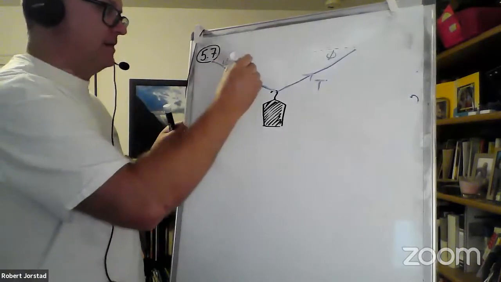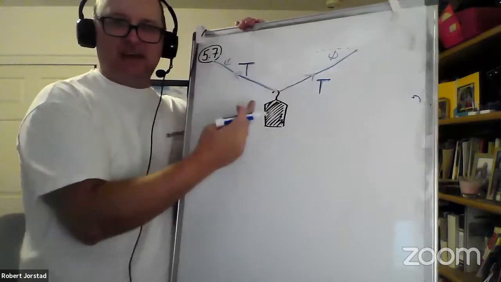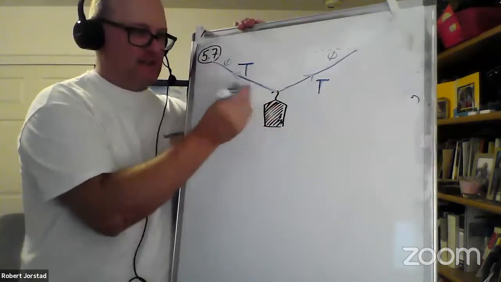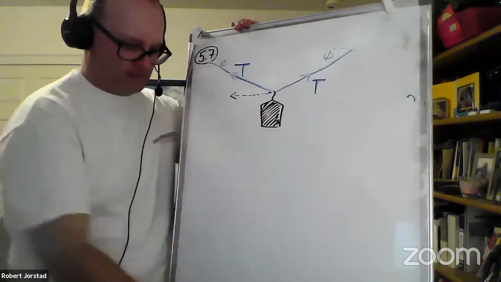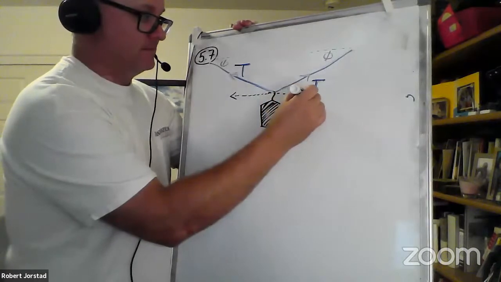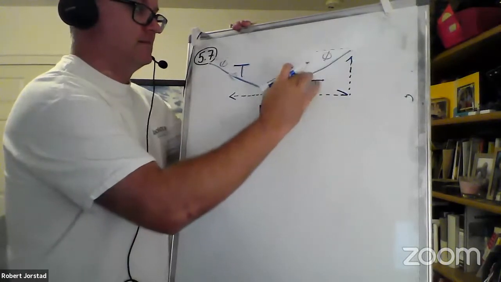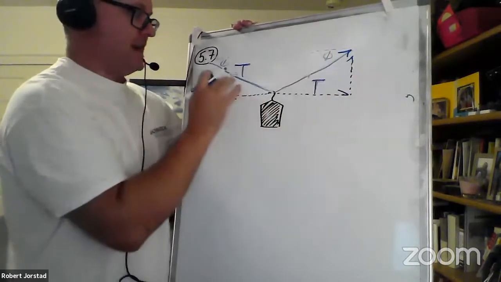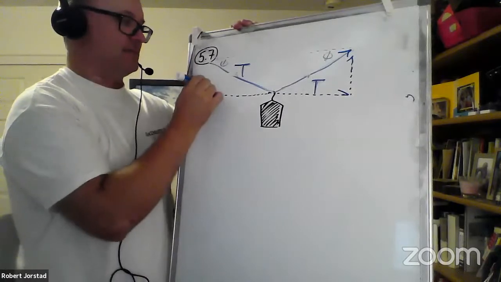So now, hopefully this makes sense. Think about it. If I have the same angle, if the tensions were different, wouldn't that cause different horizontal components? So the idea here is the tension horizontally needs to be the same.